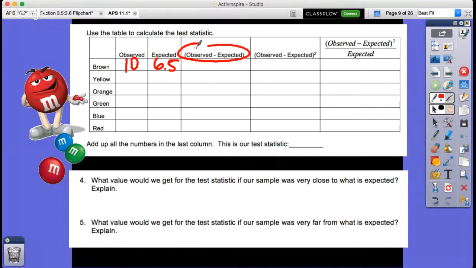To head towards our chi-square, we take the observed minus the expected, 10 minus 6.5, to get 3.5. Then I'm going to square that 3.5 value: 3.5 times 3.5.